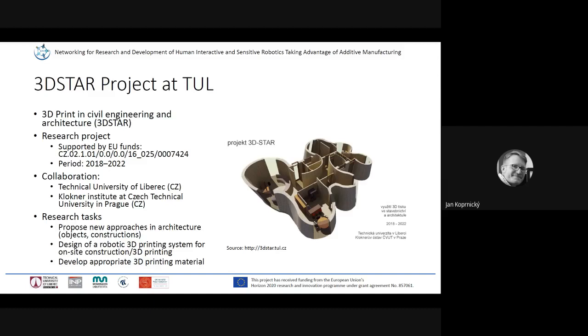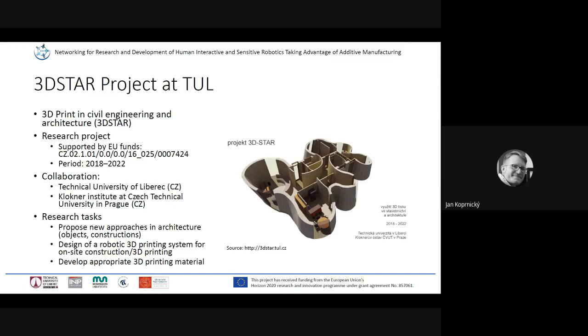So 3D STAR is an abbreviation of a Czech acronym for Print in Civil Engineering and Architecture. So this project is co-financed or supported by EU funds, and it is going to be solved in the period from 2018 to 2022. So we are behind the half of the project right now.